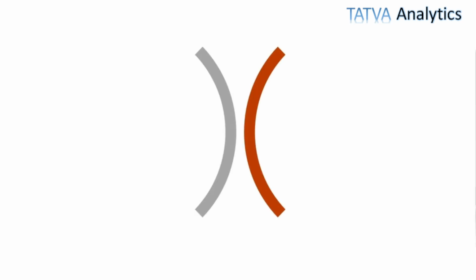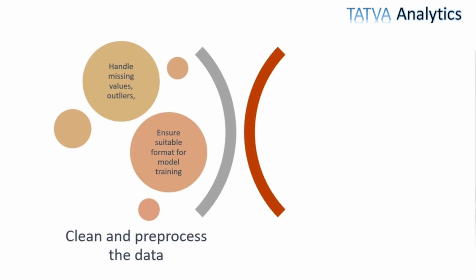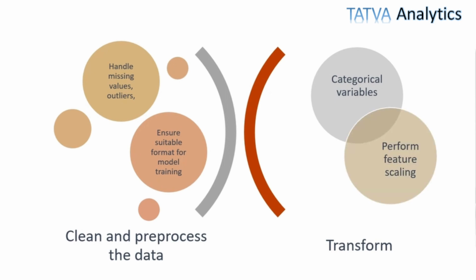Then you need to clean and pre-process the data to handle missing values and outliers, and ensure that it is in a suitable format for model training. Then transform categorical variables, perform feature scaling, and address any other data-related issues. So that's how you pre-process the data.